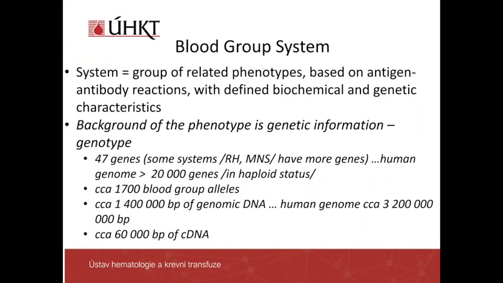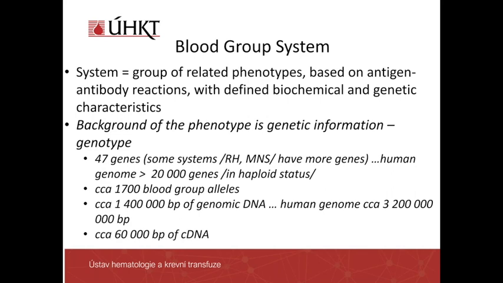What are we speaking about? The system is a group of related phenotypes, and the relationship is based on antigen antibody reactions with defined genetic characteristics. And the background of this phenotype is genetic information, genotype.